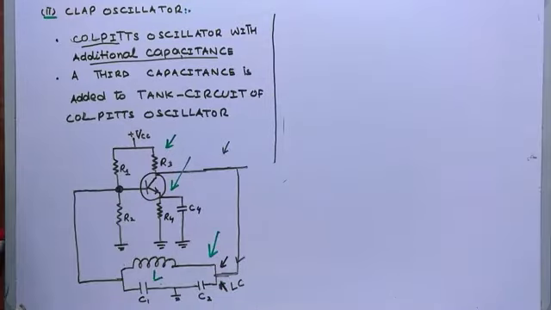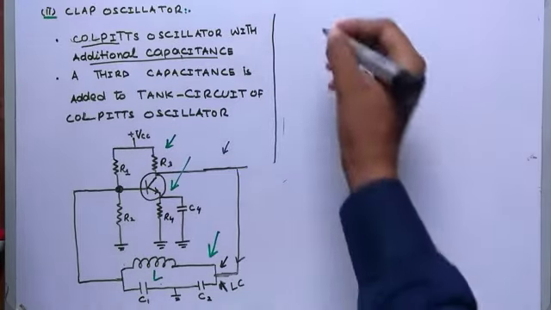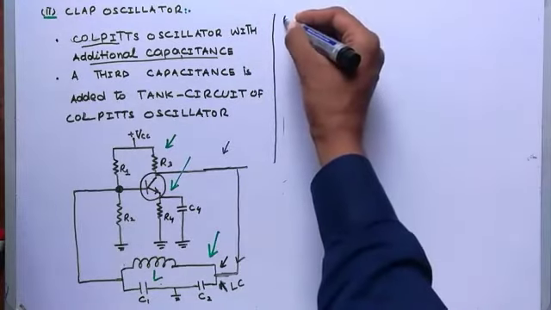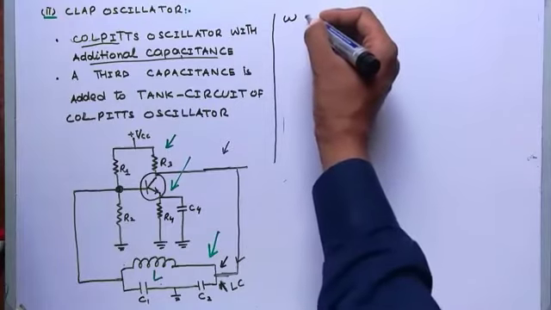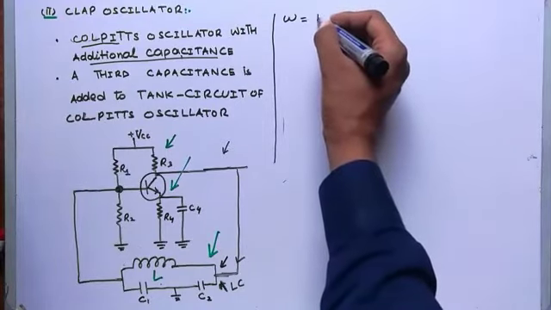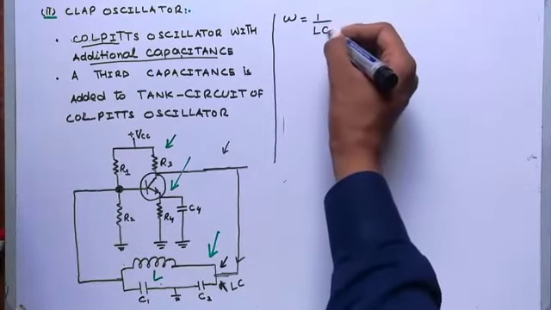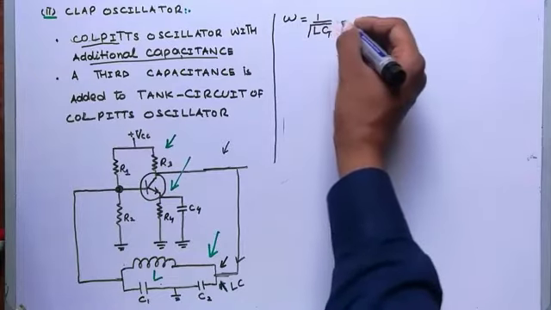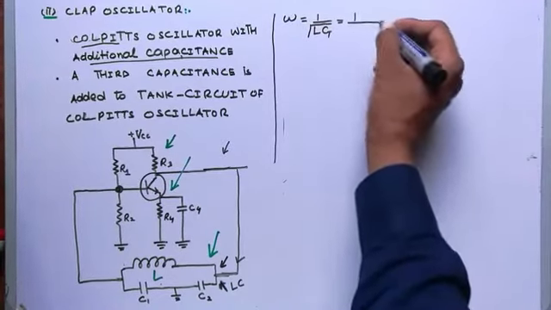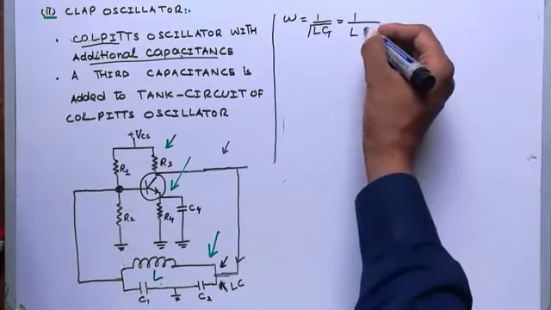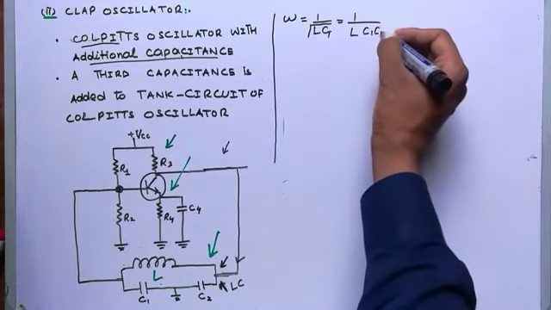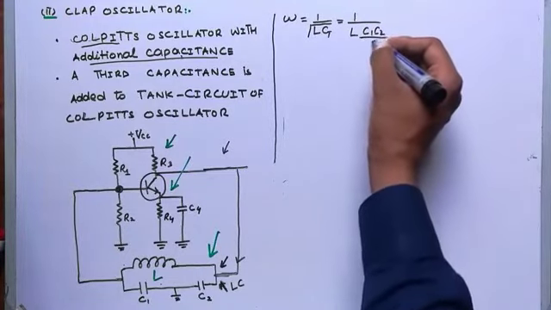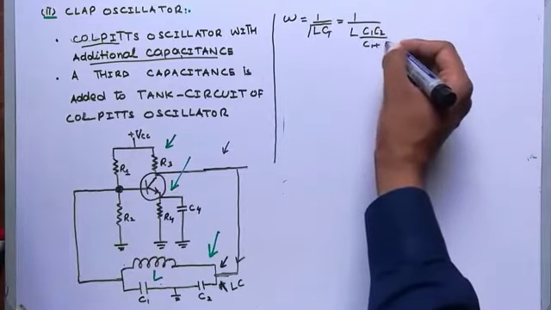Now the frequency of oscillation for this Colpitts oscillator is omega, and this omega is equal to 1 over square root of L C total, where C total is the series combination of the two capacitances and can be written as C1 C2 over C1 plus C2.